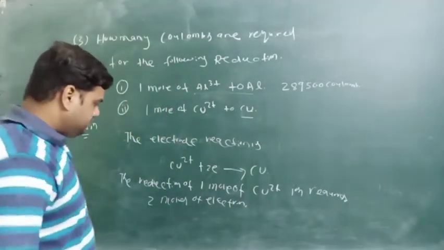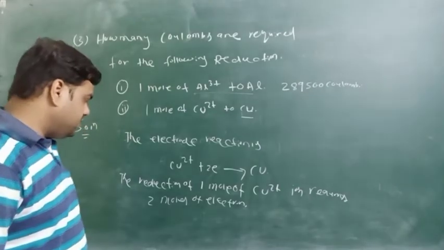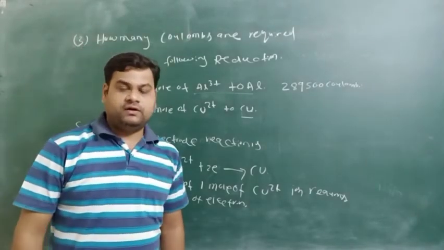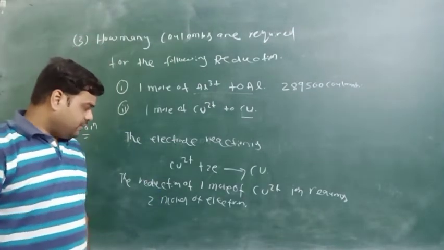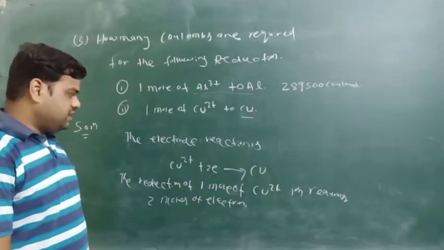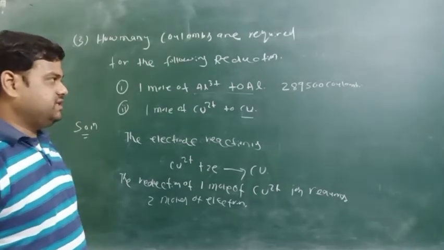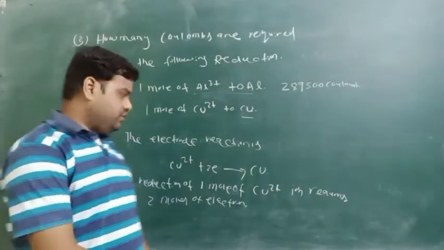Here 2 moles is multiplied with 96,500 coulomb. We know that 1 mole of electricity means 96,500 coulomb. So we will multiply 2 into 96,500 coulomb, so that we get how much coulomb of electricity is supplied to the electrolytic solution.